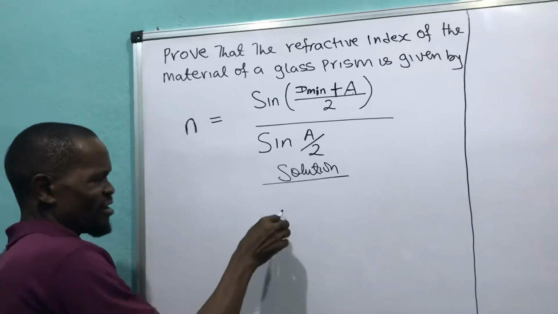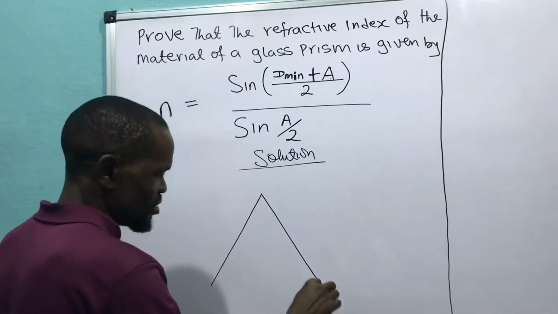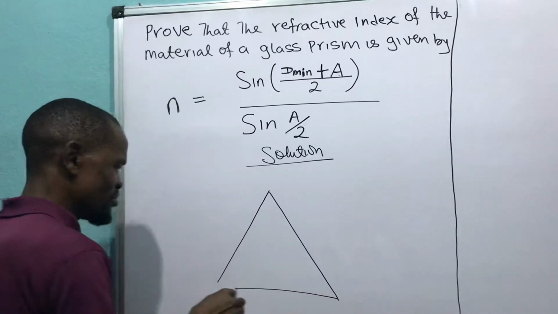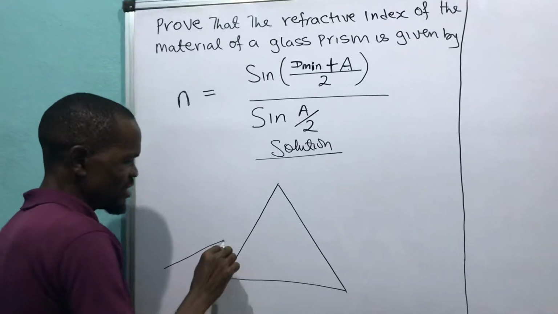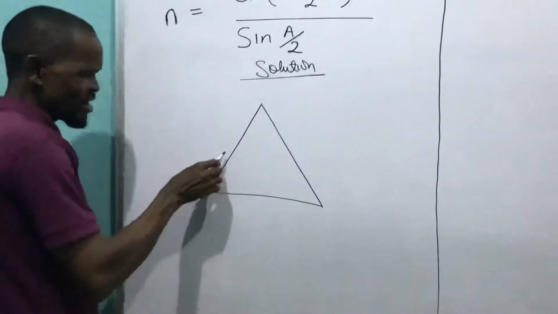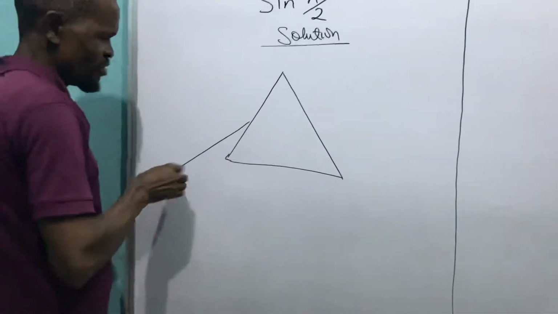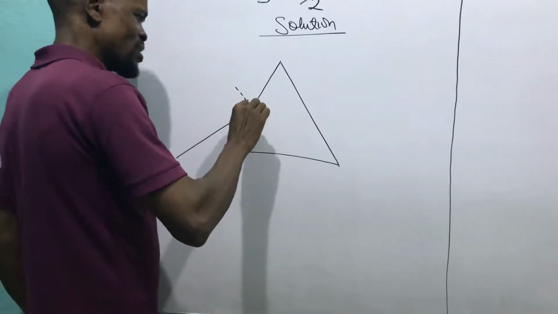So this is a triangular prism. And a ray of light is incident on it. I'm taking a ray of light to be incident on it, moving from here, goes here. And this is my normal. I draw the normal.